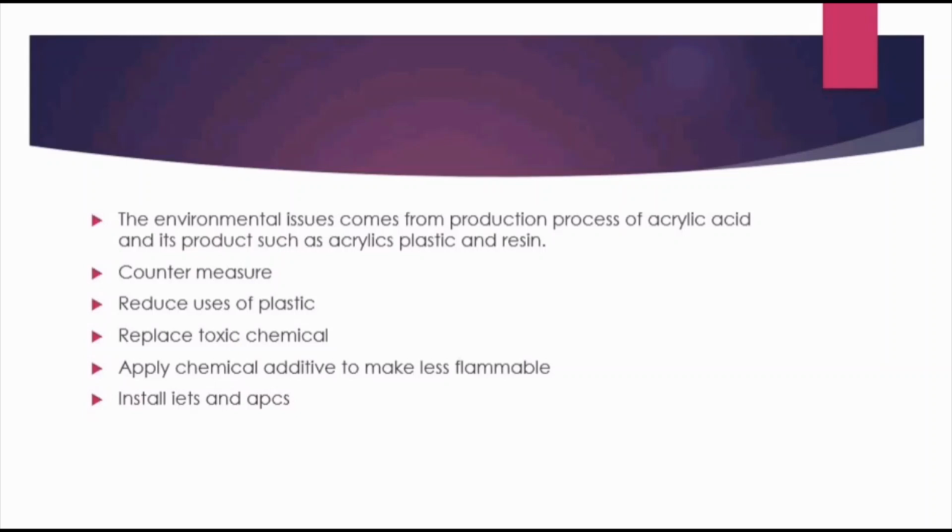To counter them, we must reduce the use of plastic, replace the toxic chemicals being used in production of acrylic acid, then apply chemical additives to make it less flammable, and lastly install ETS and APCS for air and water pollution control.